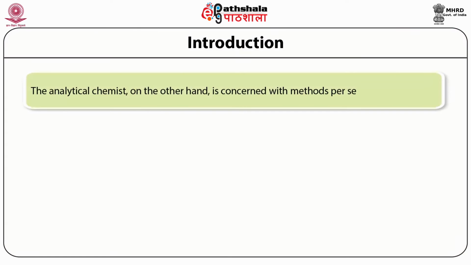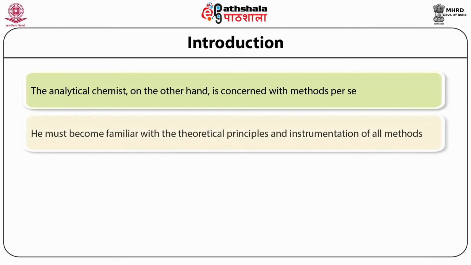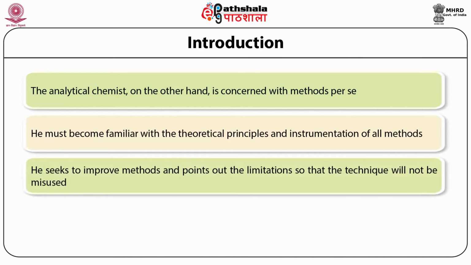The analytical chemist is concerned with different methods of analysis. The analytical chemist must be familiar with the theoretical principles and instrumentation of all methods. He seeks to improve methods, searches for new areas of application, and points out the limitations so that the technique will not be misused.